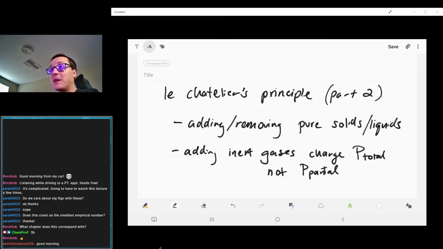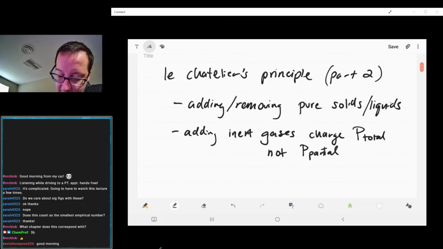So we have basically ways of messing with our equilibrium that don't actually mess with it. So let's say we need, for some reason, to have the container have higher pressure. We could add some argon or helium or something to it to change the total pressure without messing with our partial pressures. And as a result, we're not going to mess with our equilibrium.